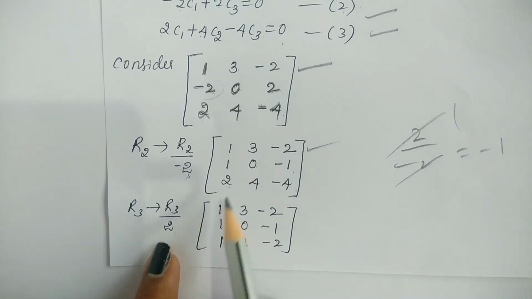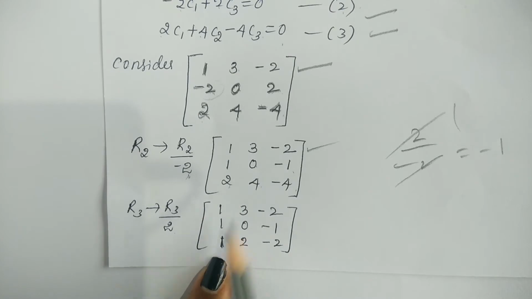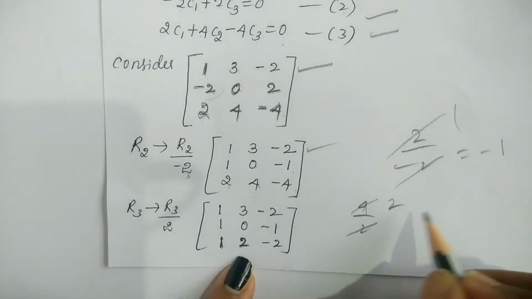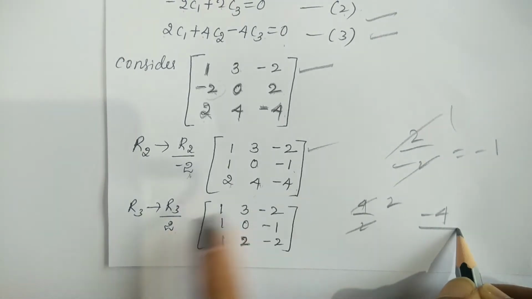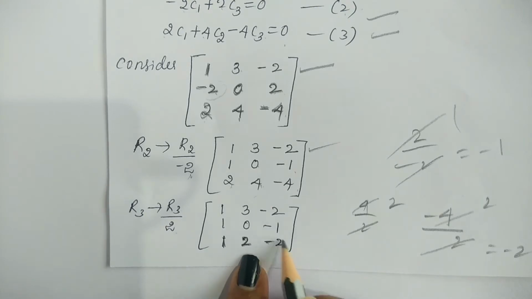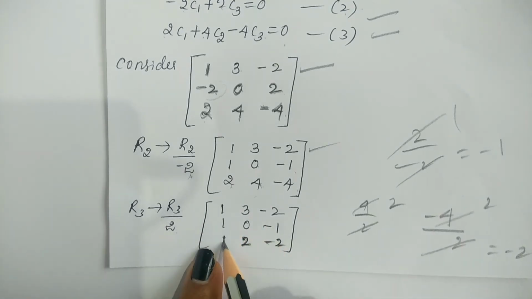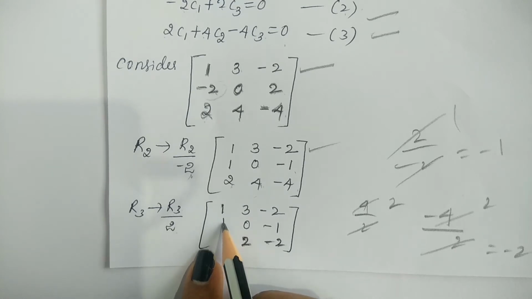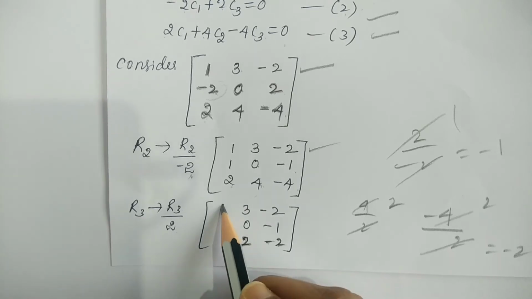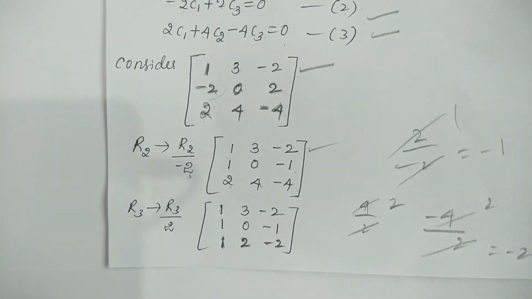R3 by 2 means 2 by 2 is 1, 4 by 2 is 2, and minus 4 divided by 2 is minus 2. So now 1 below 1, 1. It is easy to make 0, because in R2 we have 1 and in R3 we have 1. So just 1 minus 1, 1 minus 1. So R2 minus R1, R3 minus R1, then it clearly becomes 0. So that is the next step.